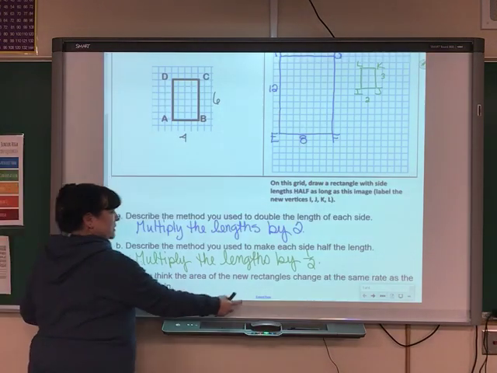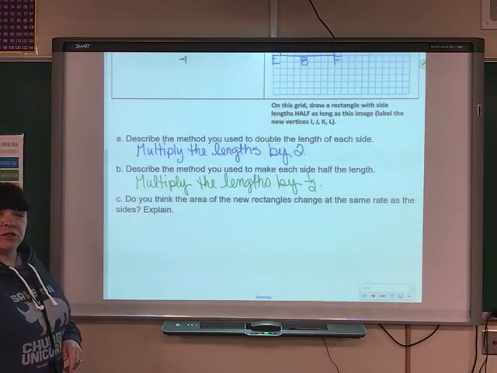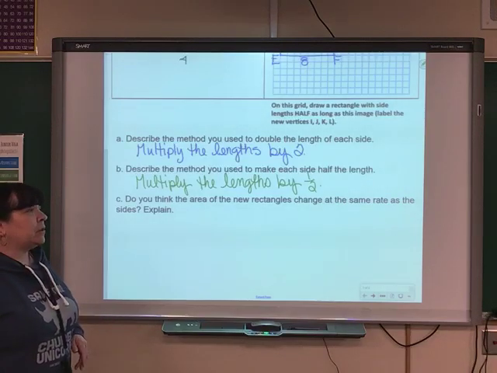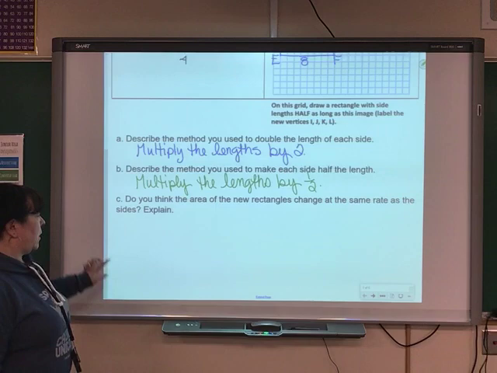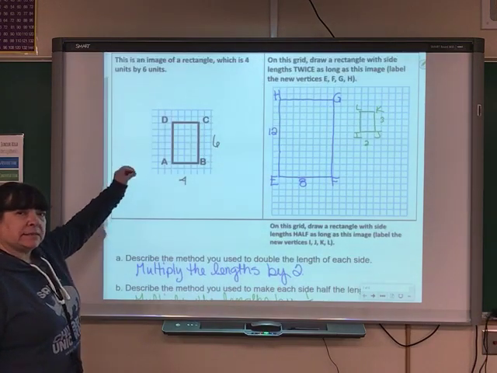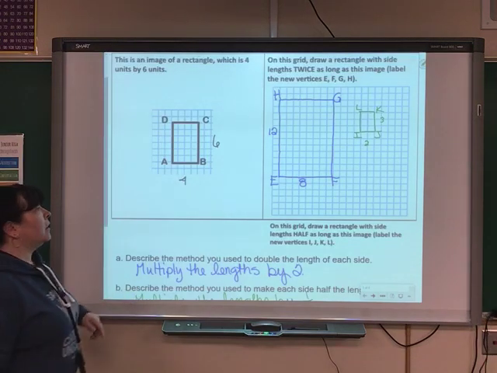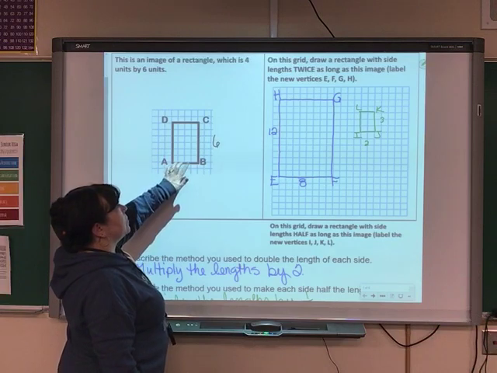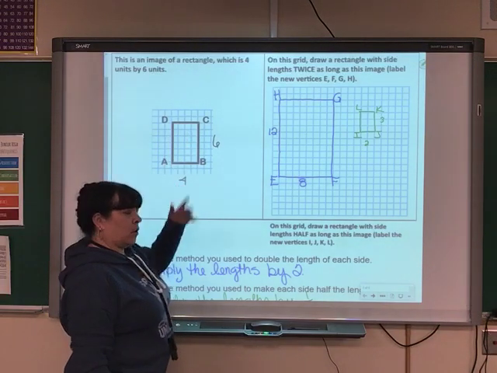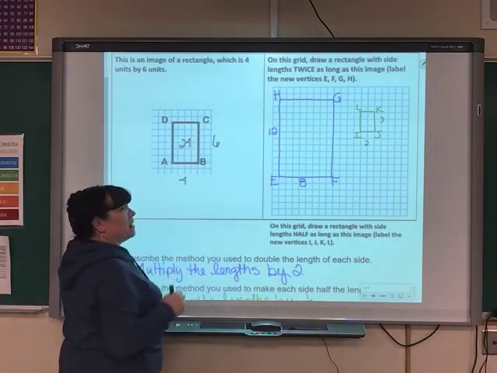Our next question says, do you think the area of the new rectangles change at the same rate as the sides? Well, we can look at that in a couple of different ways. We can look at what the areas are, and remember the area is the interior, how many squares are inside there. If we were to count this, we would say 4, 8, 12, 16, 20, 24. There are 24 squares inside.